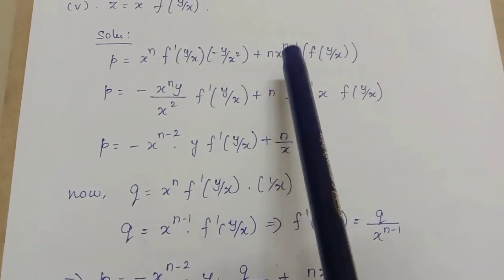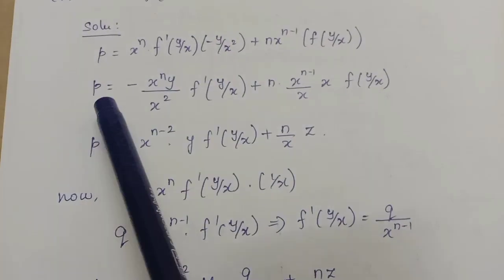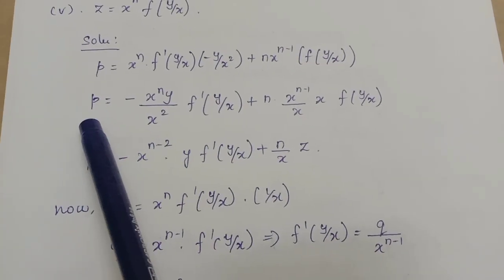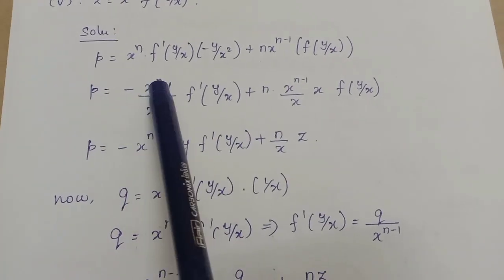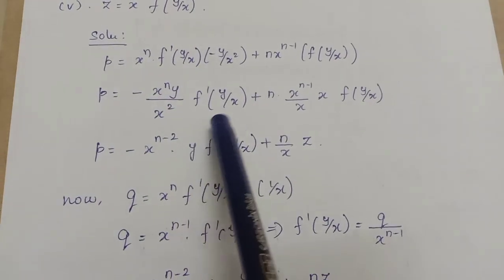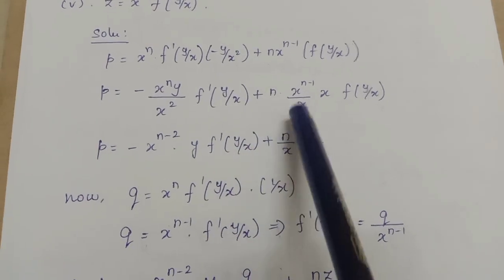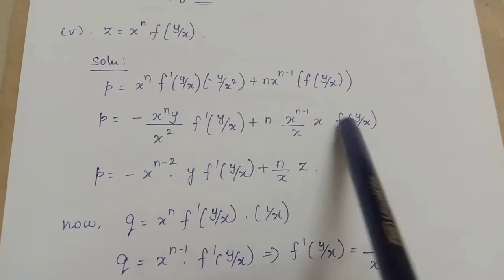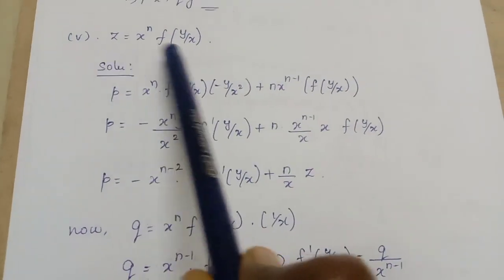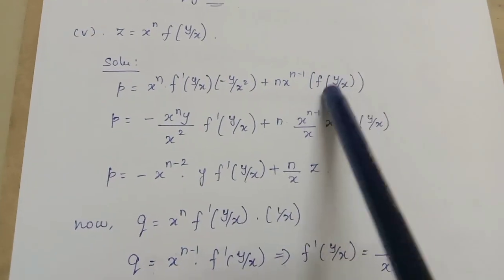N x power n minus 1. Okay, right. Now p equal to, let me bring this minus y by x square in the front. So minus x power n y by x square into f dash of y by x plus n x power n minus 1 f of y by x. See, here itself I want to remove this f because z is given in terms of f, no? So here itself I can remove.